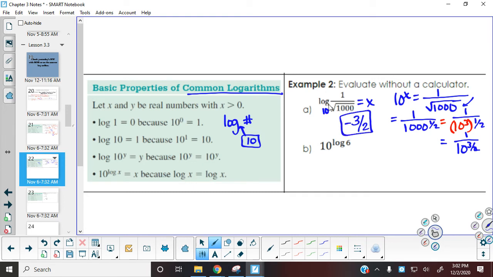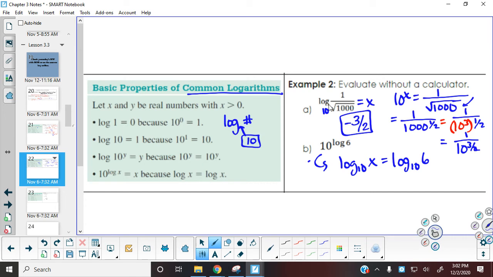Okay? The next one is hopefully even easier. Notice this is now written as an exponential as opposed to a logarithm. So if we take this apart, or think about it being undone, this becomes log base 10 of x equals log base 10 of 6.